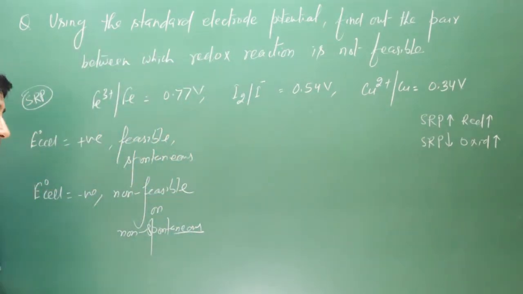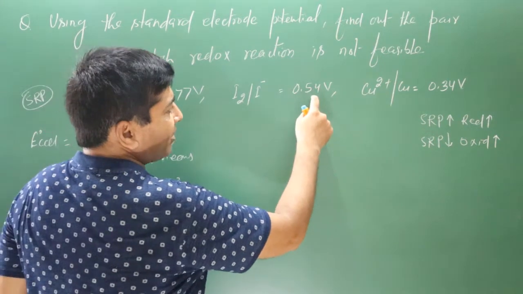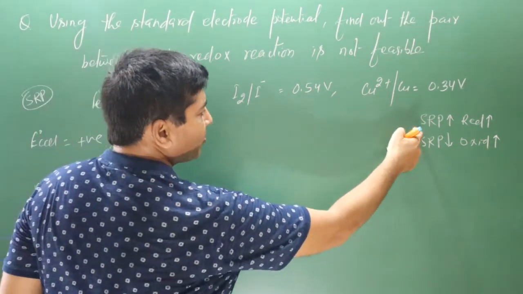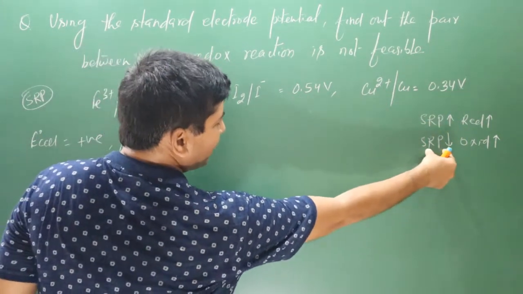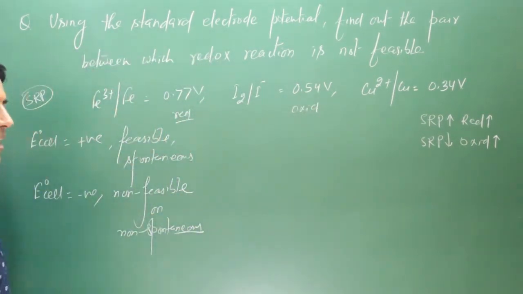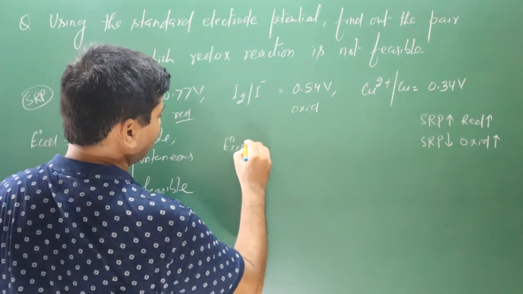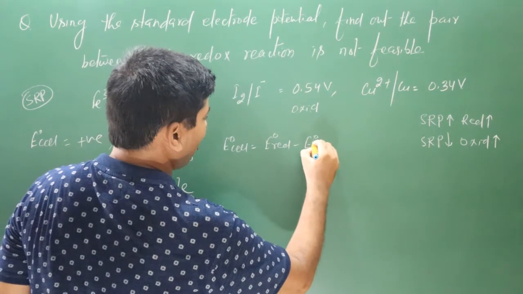Now pay attention very carefully. You can see this is 0.77 and this is 0.54. This is the larger value, then we can see it is reduction. Larger is the SRP value, greater is the tendency to show reduction reaction. This is the lower value; lower is the SRP value, greater is the tendency to show oxidation reaction. Now we can apply the standard electrode potential formula: E naught cell is equal to E naught reduction minus E naught oxidation.